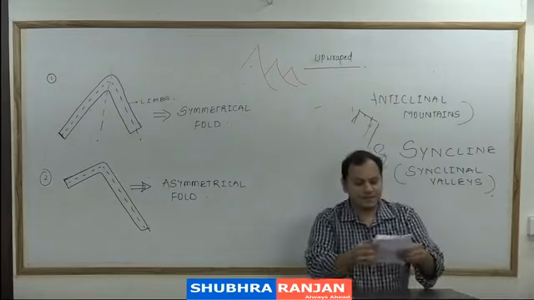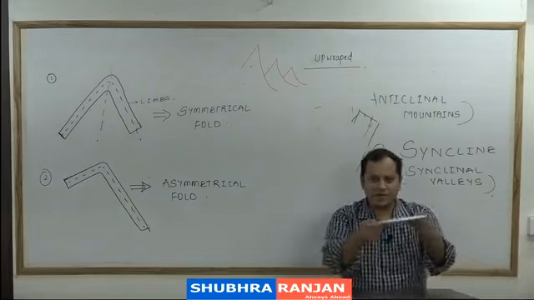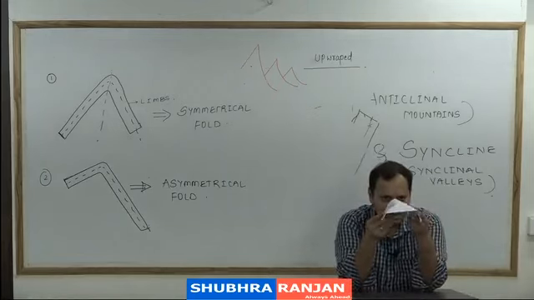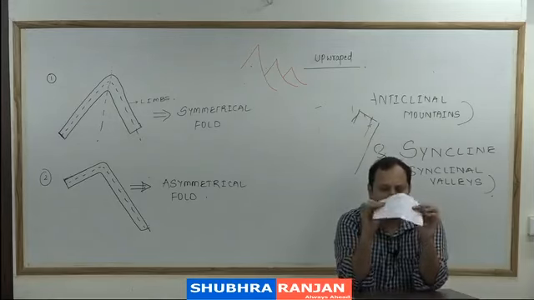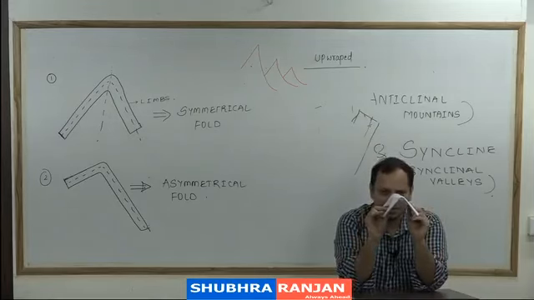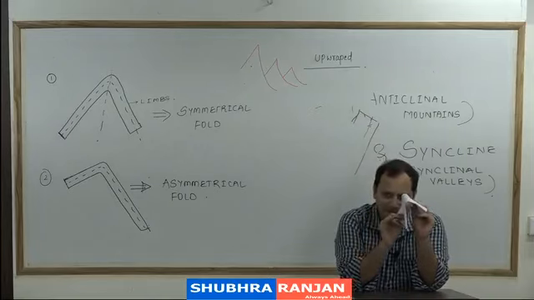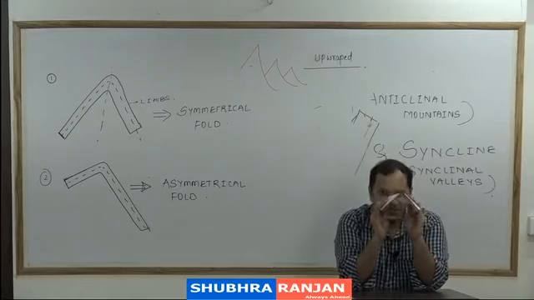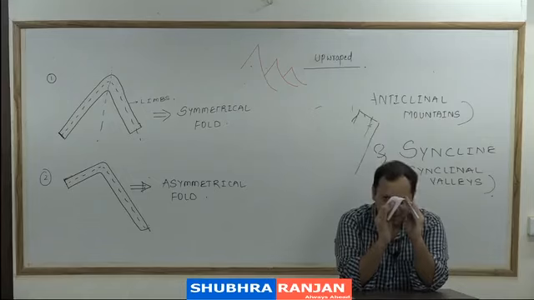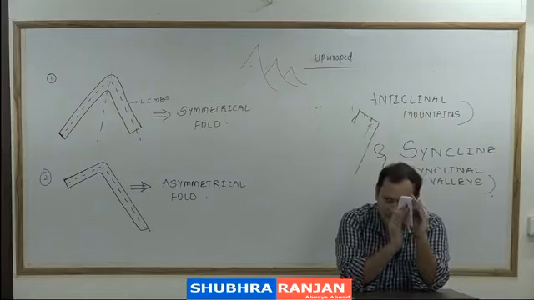If both the limbs are similarly inclined, it will become symmetrical fold. Q hoga symmetrical fold if both the forces are of the same intensity and the same duration. अगर एक भी force थोड़ा ज़्यादा है तो asymmetrical fold.